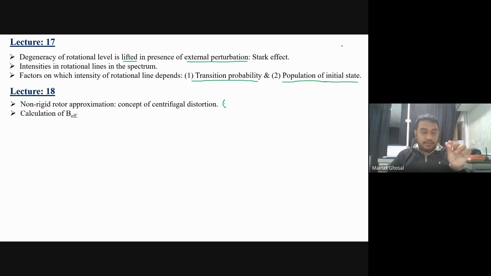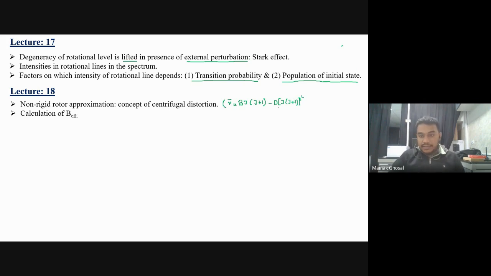that is, the atoms are moving outward. The expression for nu bar was defined as B J(J+1), and another term appears due to the non-rigid rotor approximation, which is D J squared into (J+1) squared.